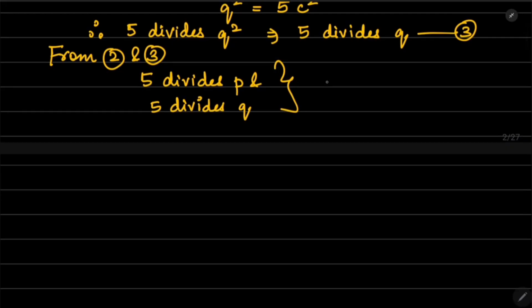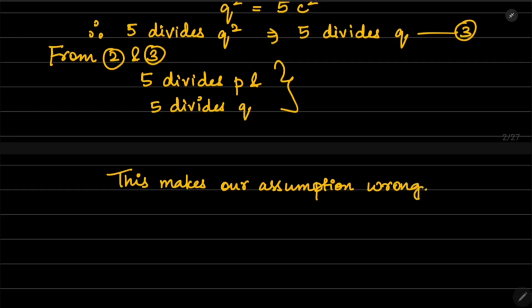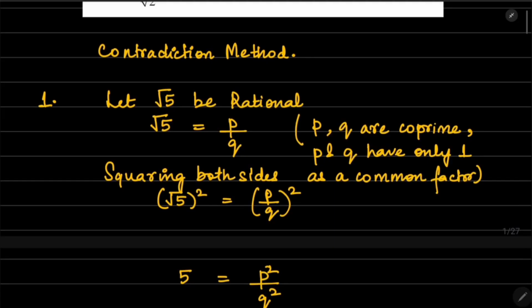So this proves us wrong. So you can write, therefore, this makes our assumption wrong. Okay. Therefore, what did we assume initially? We assumed that root 5 is rational.